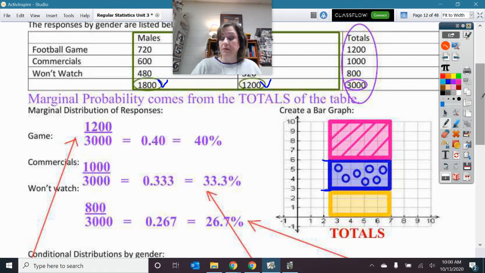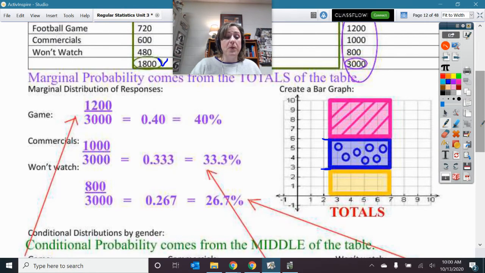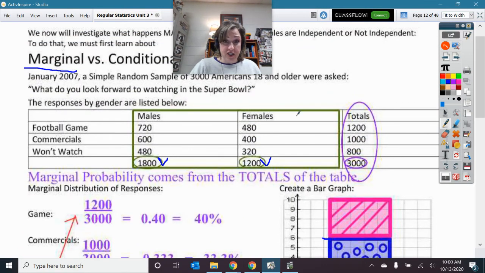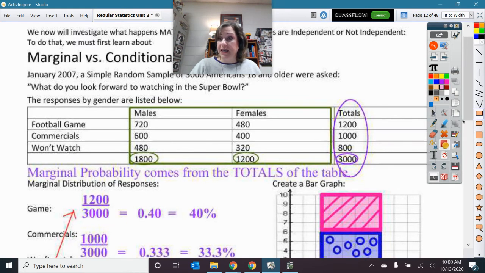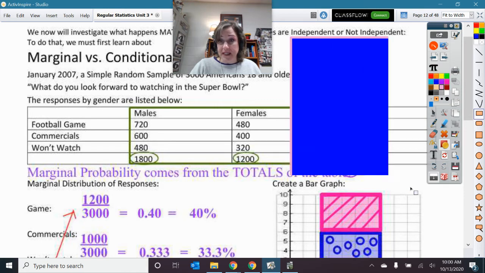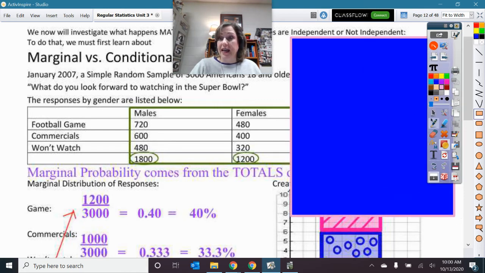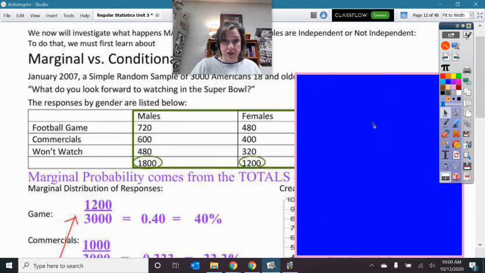Okay? All right. Now, what we're going to do is look at this conditional upon which gender you are. It's in green, this middle section. It's the part that has to do with you being a male or a female. What I want to do is take a look at them piece by piece. We're going to look at the males first.